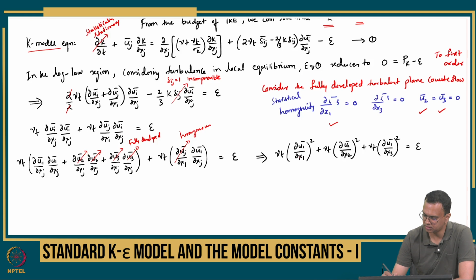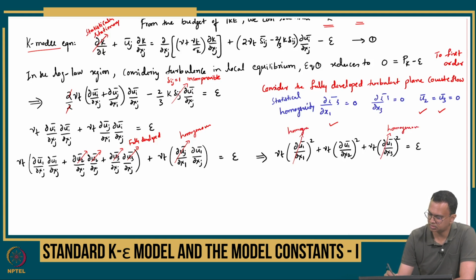Again, statistical homogeneity for ∂/∂x1 and ∂/∂x3: homogeneous along these two directions.